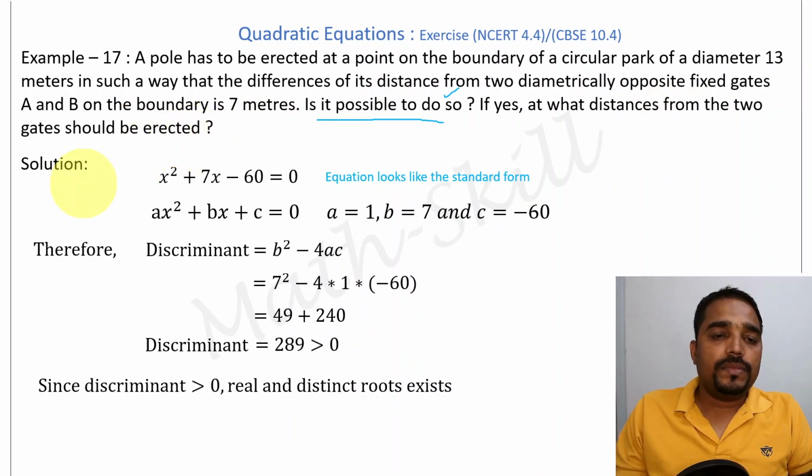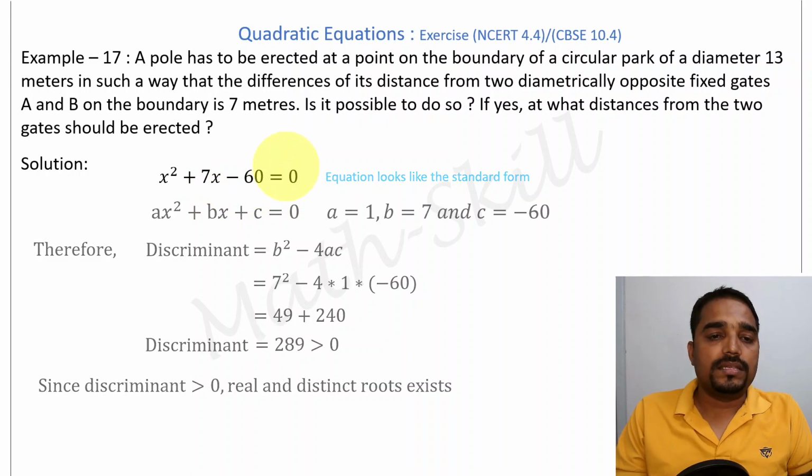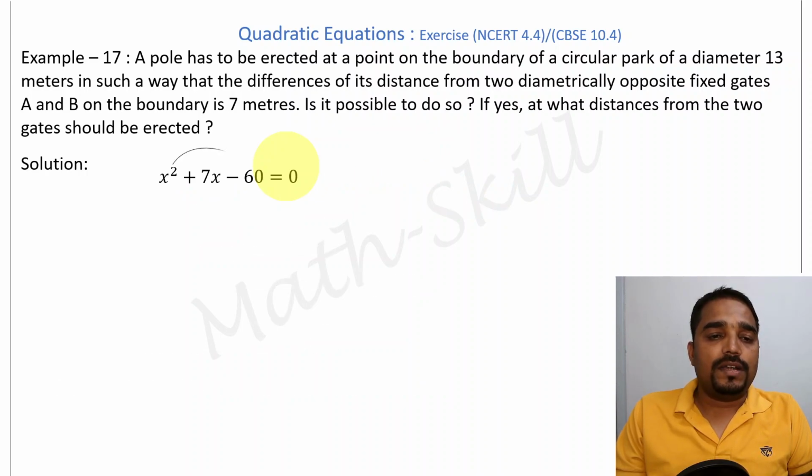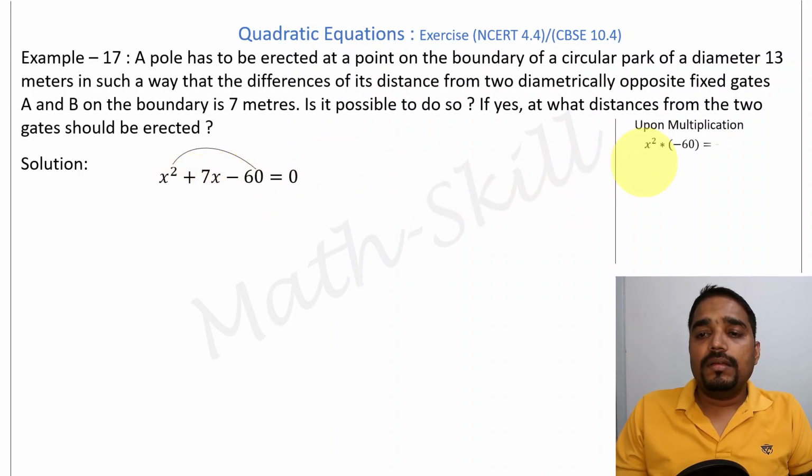Let us take the equation we have simplified as x square plus 7x minus 60 equals 0, and then start factorizing it. To factorize, let us multiply the first and the last term. Upon multiplication, plus x square into minus 60 would be minus 60 x square.